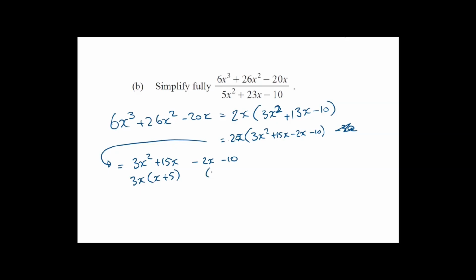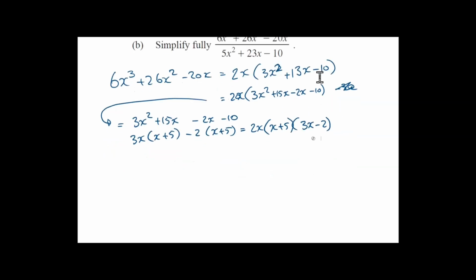And can we do x plus 5 here as well? Yep, negative 2. So this is going to be x plus 5, 3x minus 2. So that's the top factorized.